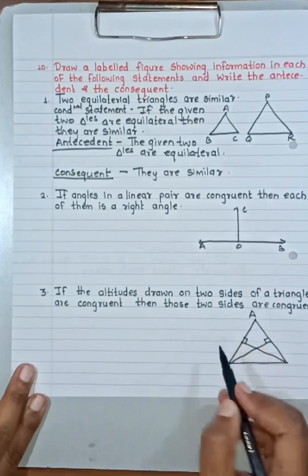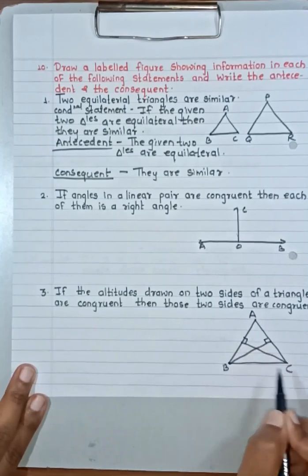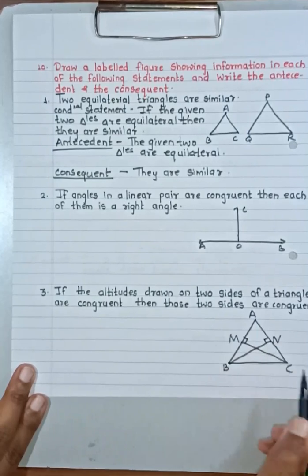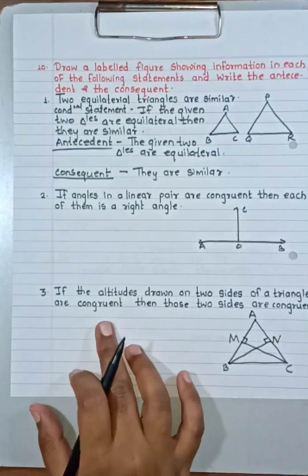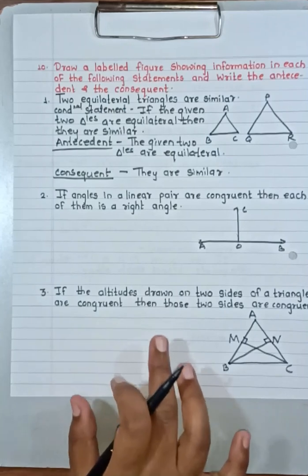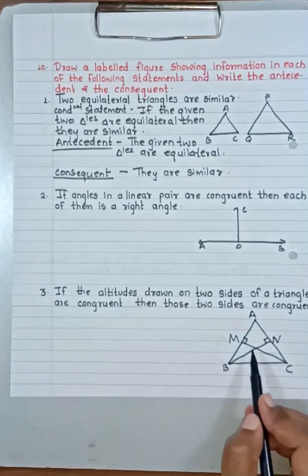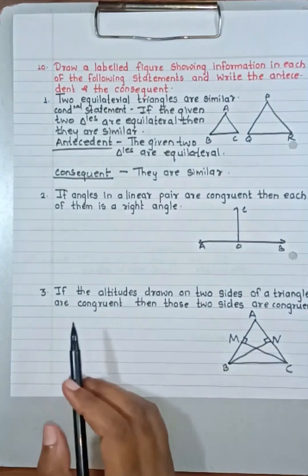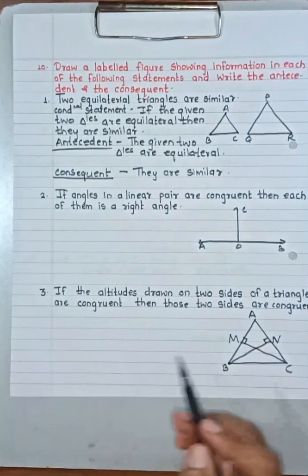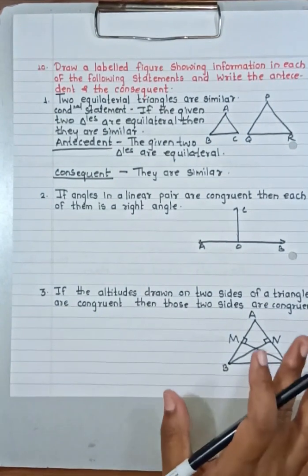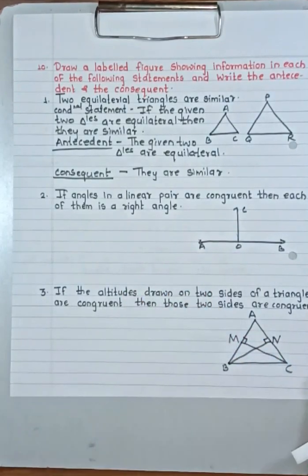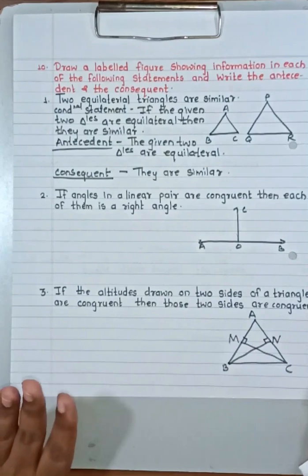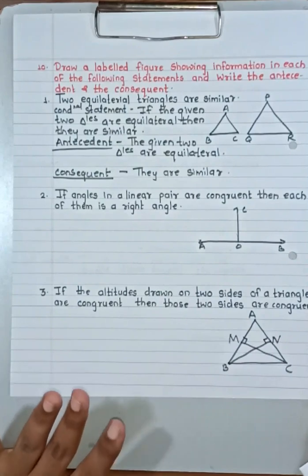It is A, B, C, and we'll name it as M and N. Okay, so you'll write here, its antecedent that the altitudes drawn on two sides of the triangle are congruent. That means these are congruent, and consequent will be those two sides are also congruent. Okay, this will be your consequent. So you may write it down in your notebook. So this is for the problem set. In the next session we'll start with the new topic.